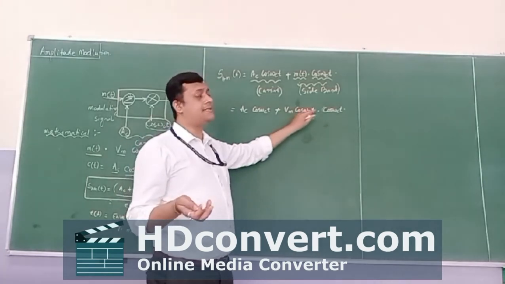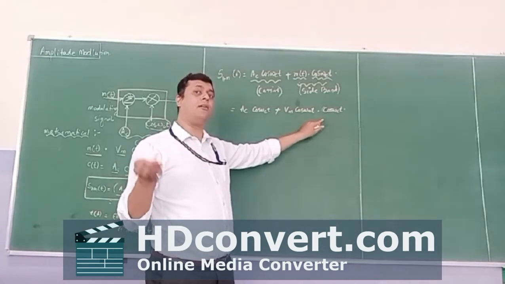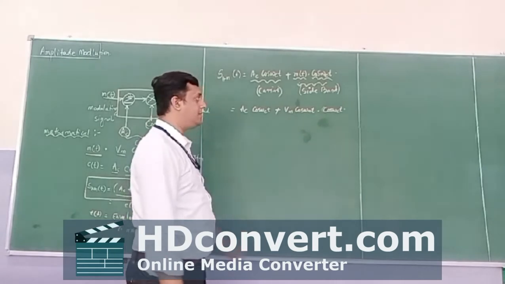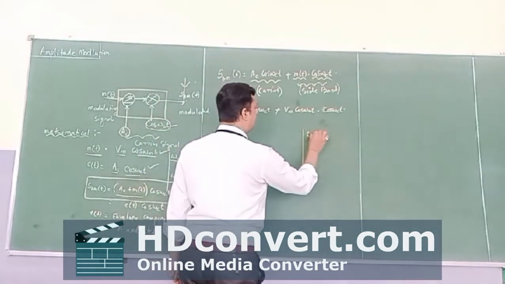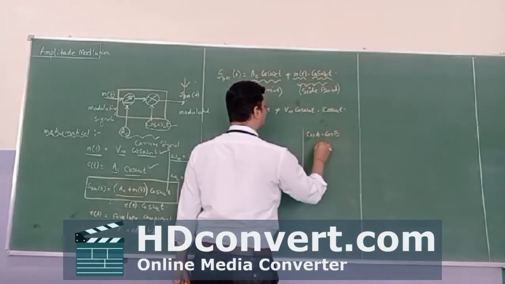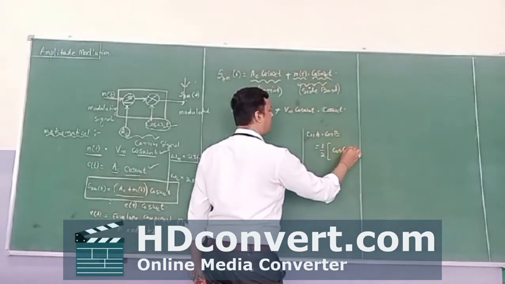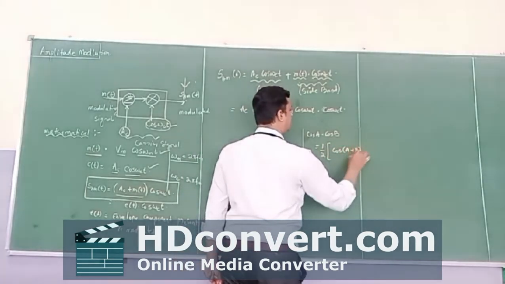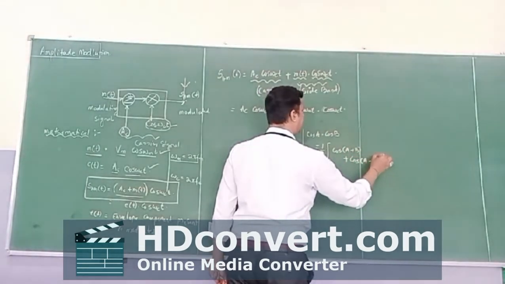Because if it is in sine terms, we can write cos of (A plus B) minus cos of (A minus B). That is the trigonometric relation; I will write it for you. If it is cos A cos B, it equals half of cos of (A plus B) plus cos of (A minus B).